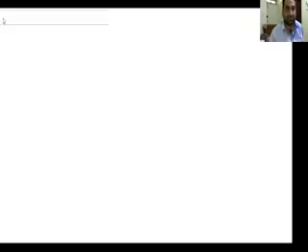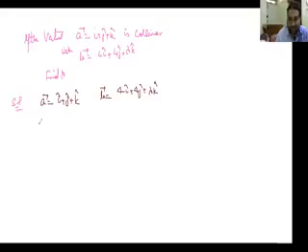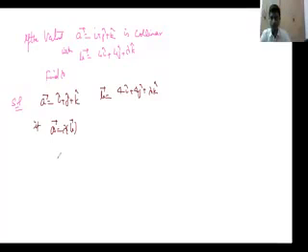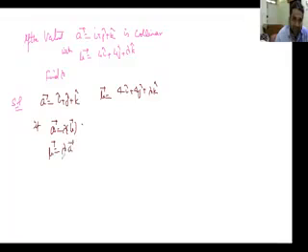Yeah. Now see, if lambda i plus 2j plus k is collinear to lambda i minus lambda j plus k, then take it A, take it B. As per our theorem, A should be represented as a scalar multiple of B, correct?